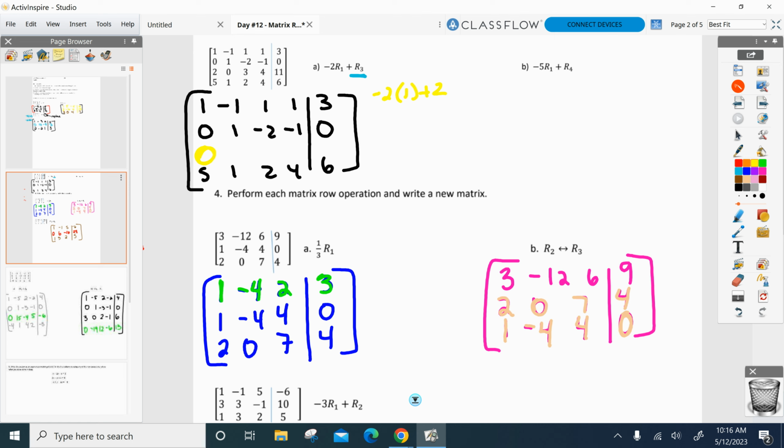Wait, where's the second plus 2 coming from? Right here, ready? Negative 2. Oh, it's the third one. Remember, we're in row 3 now, right? Good question. We're in row 3 now, so I've got to add it on to row 3. I'm getting a 2 next.